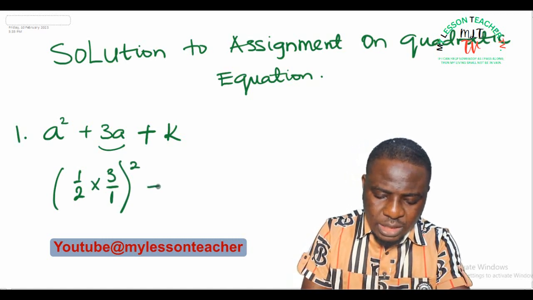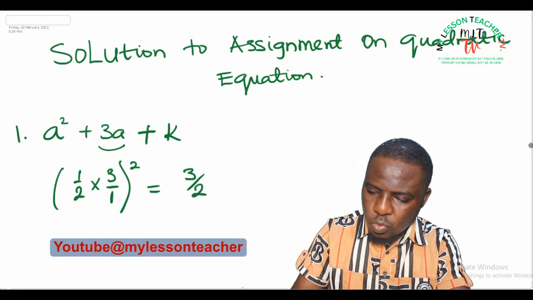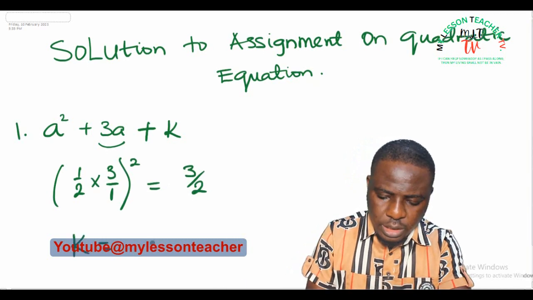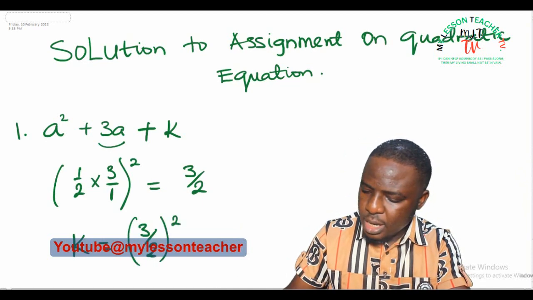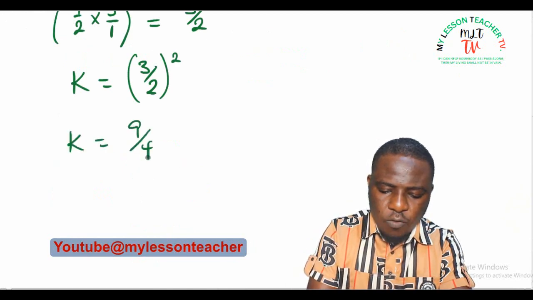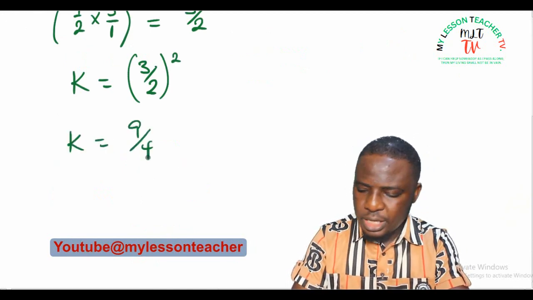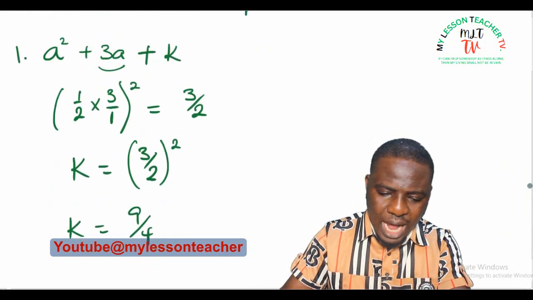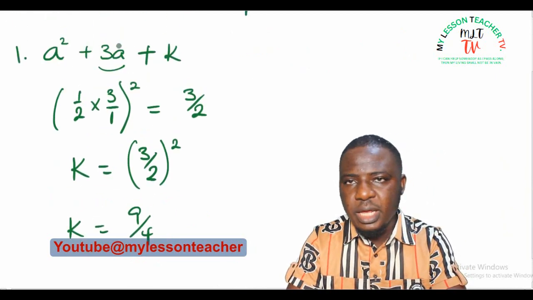So k is equal to 3 over 2 squared, and 3 over 2 squared is equal to 9 over 4. So 9 over 4 is that term which when added to a squared plus 3a makes it a perfect square.